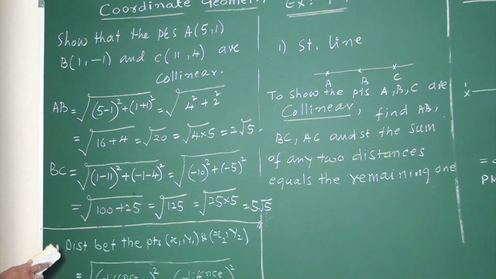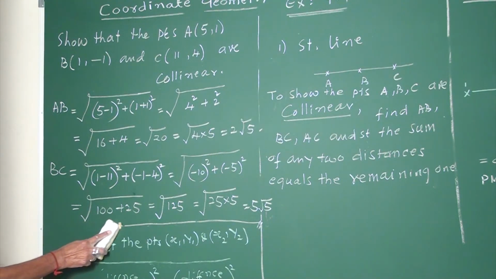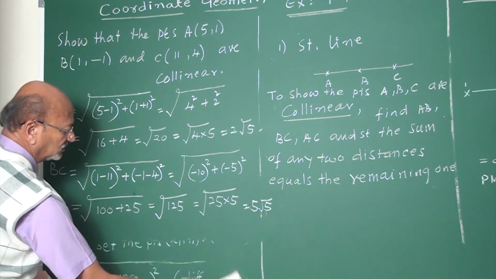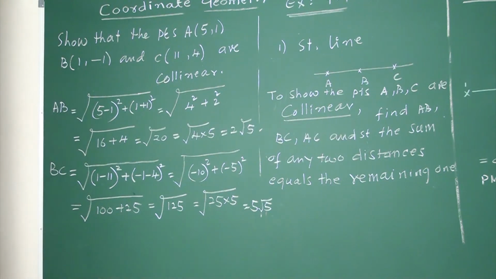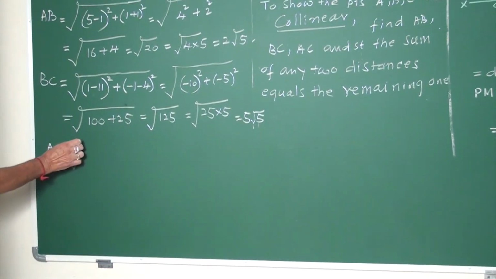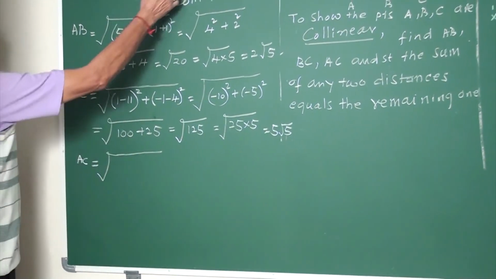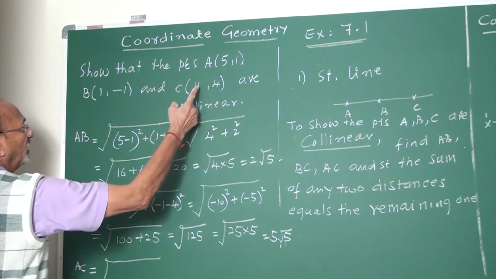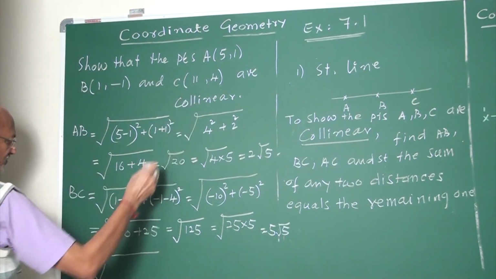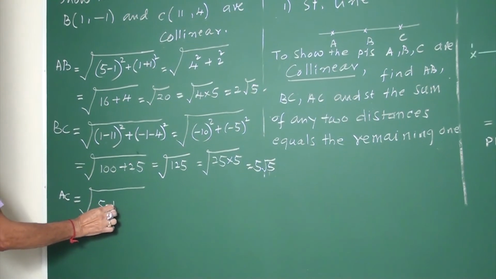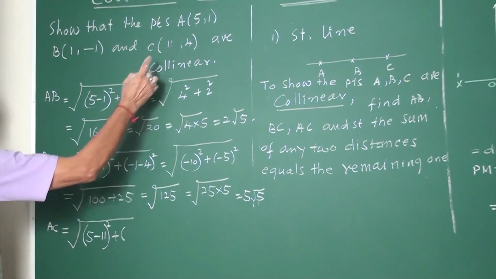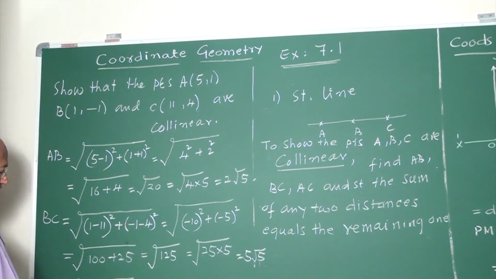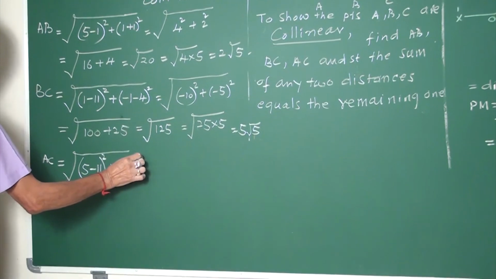Next, one more distance, the third distance, AC. It is square root of (5 minus 11) whole square plus (1 minus 4) whole square.